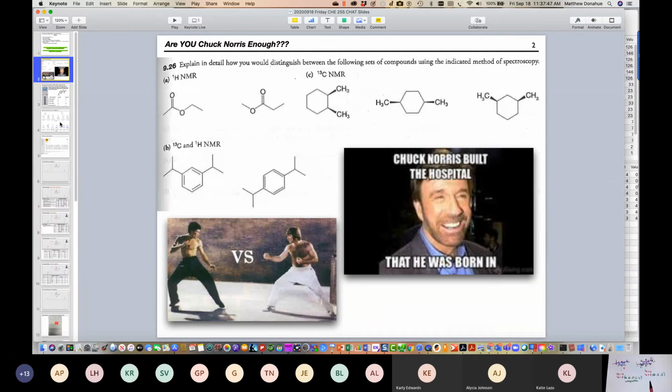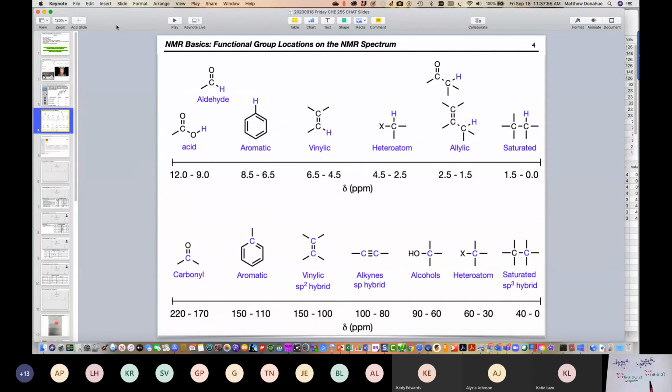We're going to dig a little bit deeper into protons specifically today. So here on this slide, it's called NMR Basics, Functional Group Locations on the NMR Spectrum. The top spectrum is a proton NMR running from 0 to 12.